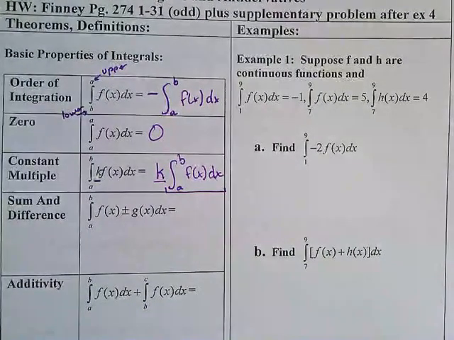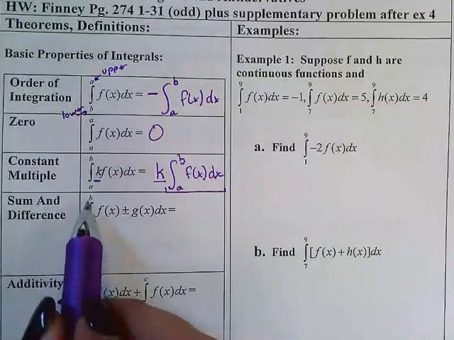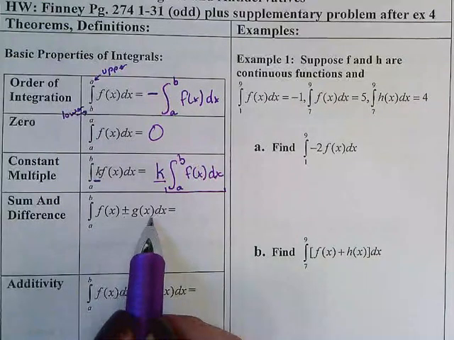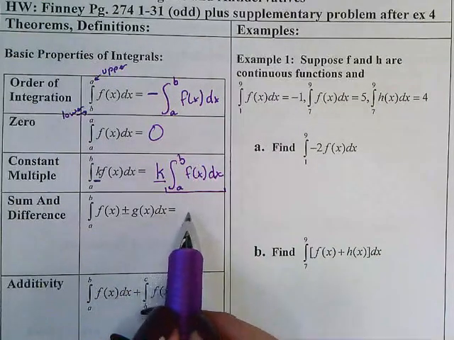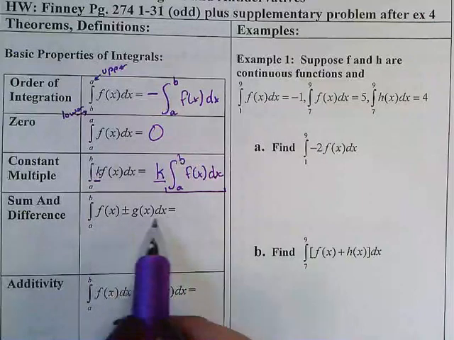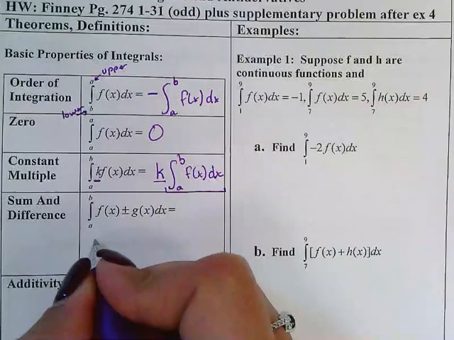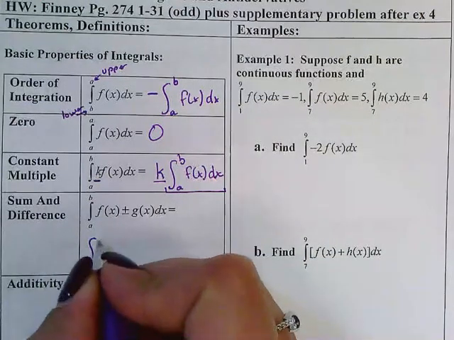Alright, sum and difference. So the idea here is if you are taking the integral of two functions that are either added or subtracted, sometimes it's going to be easier to separate these into two individual integrals. It doesn't matter if it's addition or subtraction, it's going to be the same thing.